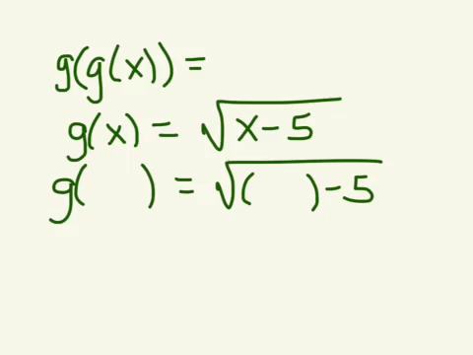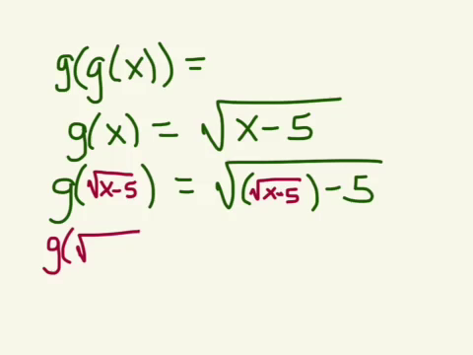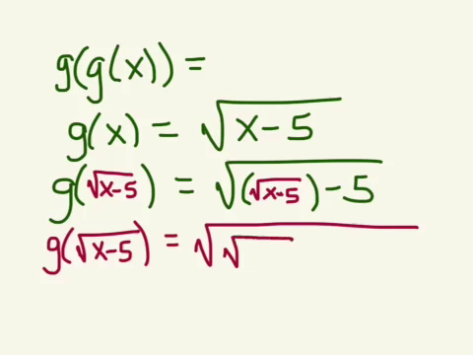So we're plugging in, once again, the square root of x minus 5. So our result of g of f is the square root of x minus 5, that quantity minus 5.